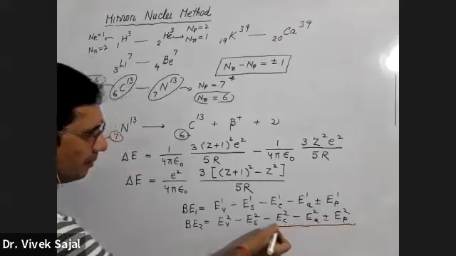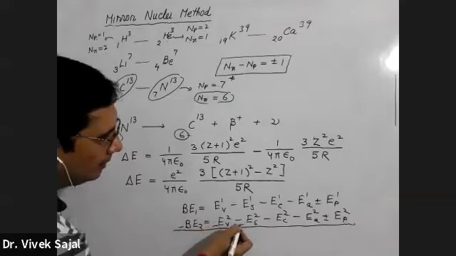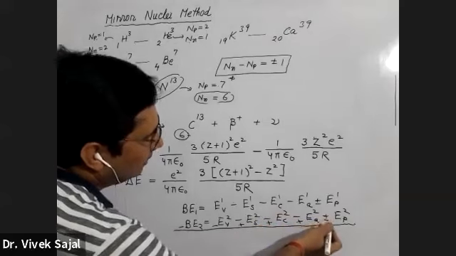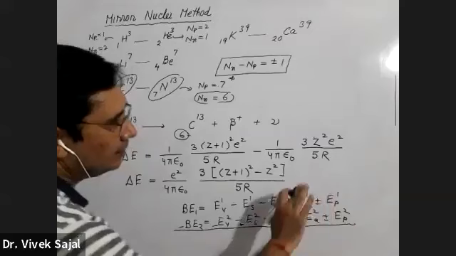Then we will take its minus. So here we will have minus, here minus, here plus, and wherever plus is there it will convert into minus, and if minus is there it will become plus.